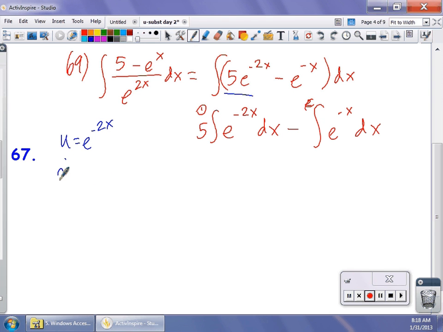So the derivative du is equal to e to the u multiplied by the derivative of the power, and there's my dx. So when I do my u substitution there, I will have 5 on the outside. And one more thing, notice again, I don't need the negative 2, so I'm going to divide both sides by negative 2 and get it out of the way.